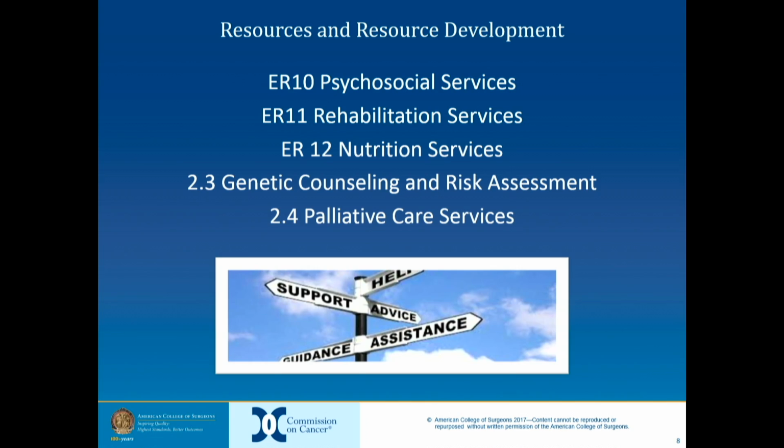And in standard 2.3, programs must have genetic counseling and risk assessment services available, and in standard 2.4, palliative care services. So those are some of the categories of resources that we're actually mandating that our accredited programs have. There are certainly other categories of resources that anyone who is in the work of navigating patients is well aware of.